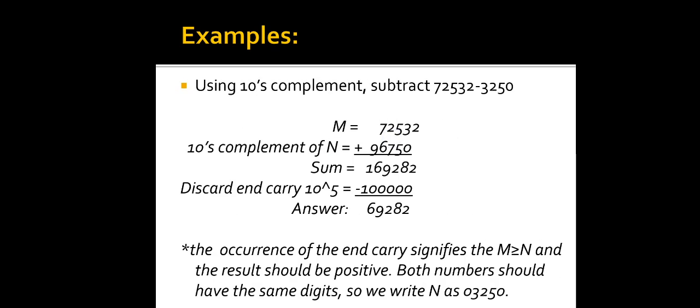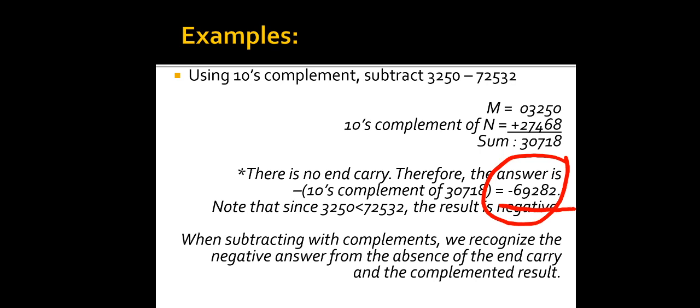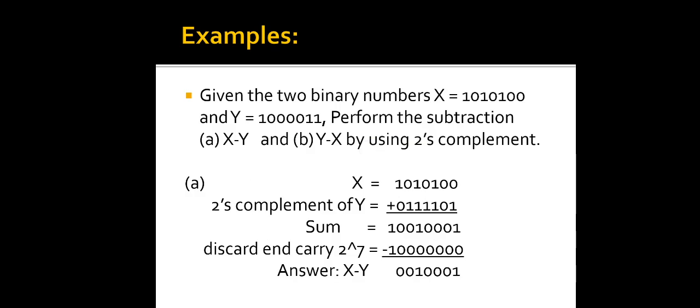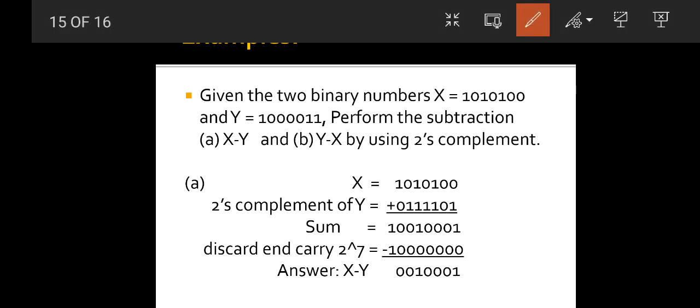Don't forget the end carry and the negative sign for your negative. Now the next example is by using binary numbers. So there are two given binary numbers. You have your x and your y.